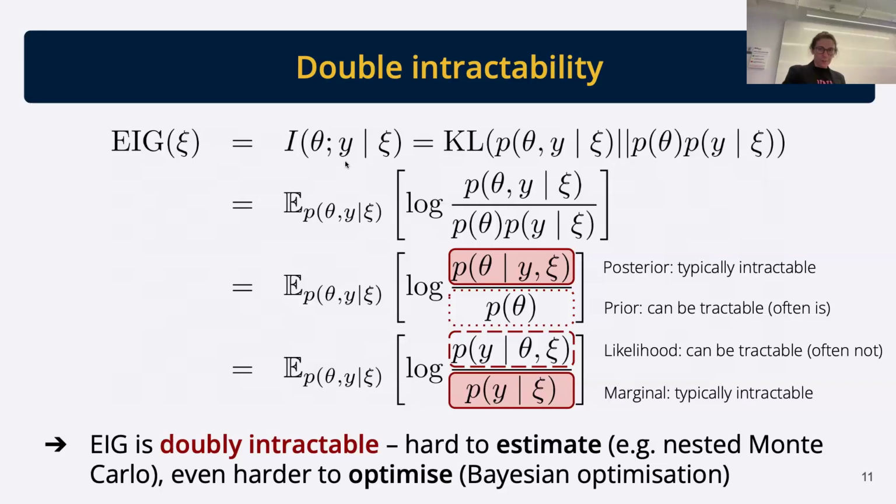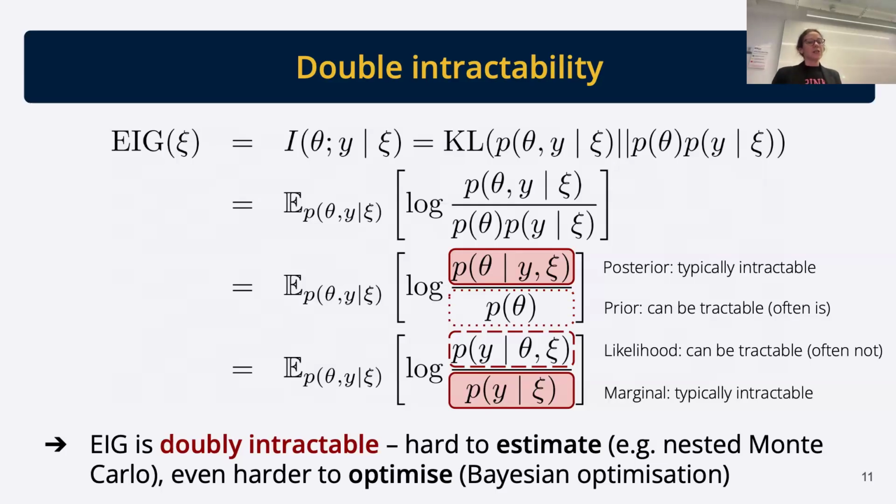And you can do the KL gymnastics and get to all of the different forms of this expression, and whichever you choose, you end up with something that is intractable, right? So it's an expectation, and inside the expectation, we either have a posterior, which is typically intractable for most models, or this marginal in the denominator, which is also typically intractable for most models.